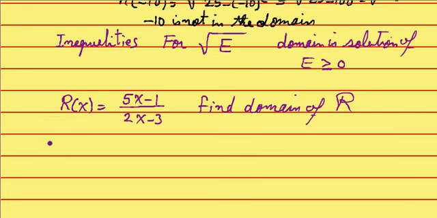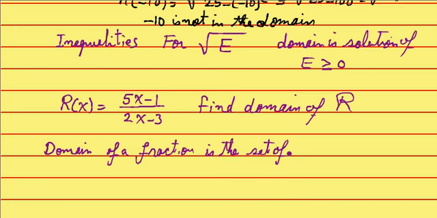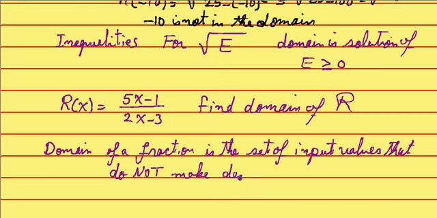So we can just say like this: the domain of a fraction is the set of input values that do not make the denominator 0.